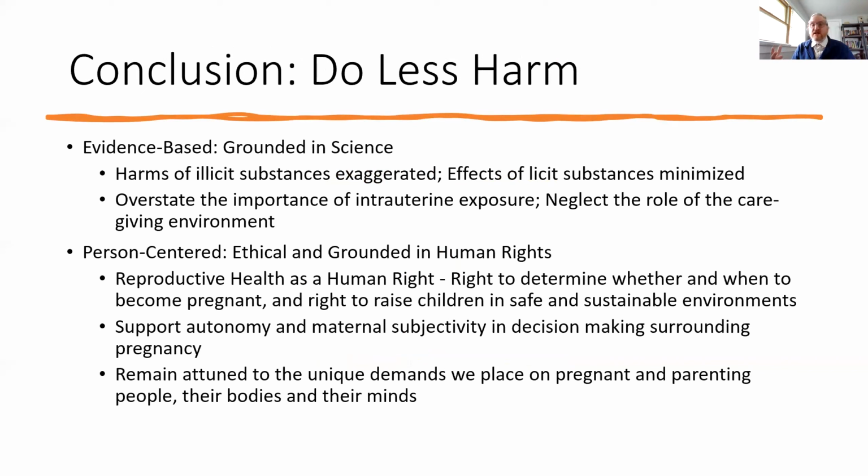And more importantly, we overstate the importance of an intrauterine exposure and neglect the role of the caregiving environment. And by person-centered care, this is care that's ethical, grounded in human rights, which recognizes reproductive health as a human right, which is the right to determine whether and when to become pregnant, as well as the right to raise children in safe and sustainable environments.